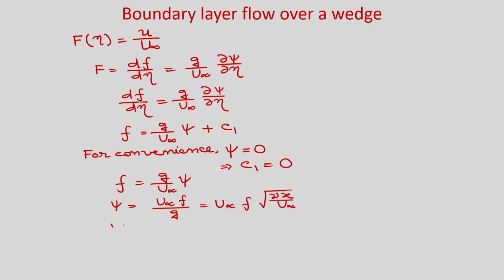From here we can write the stream function psi as root u infinity nu x f. Now, f is a function of eta and this is also a function of x, so psi is a function of x and eta. We have expressed psi as a function of x and eta because f is a function of eta.